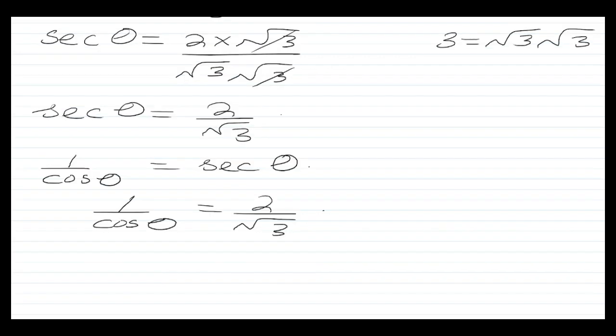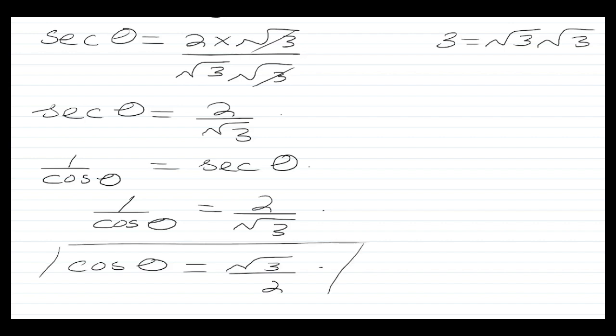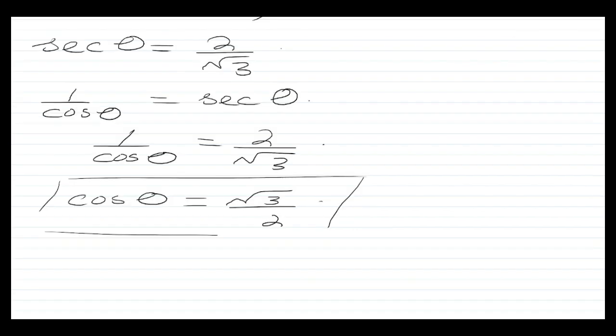And then we can say that cos theta will go on the above. It will go to the numerator instead of being below. And when it does that, then the under root 3 will also go above and the 2 goes down. So we need to find the cos theta of under root 3 by 2. So what will that be? That means that the theta will be equal to 30 degrees.